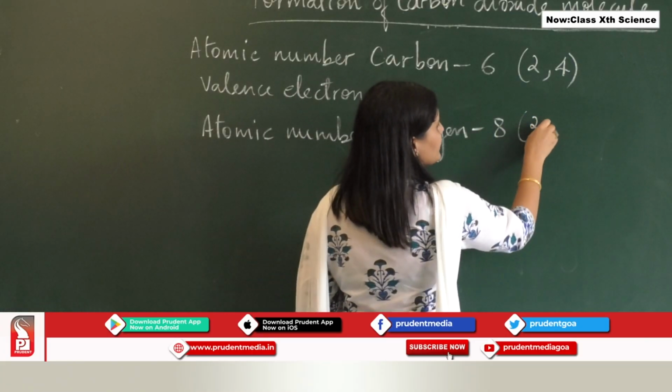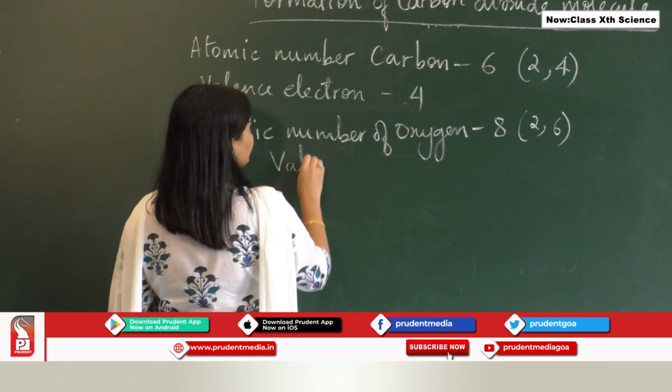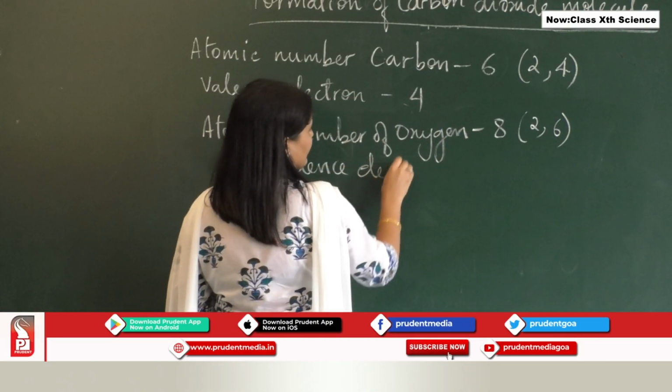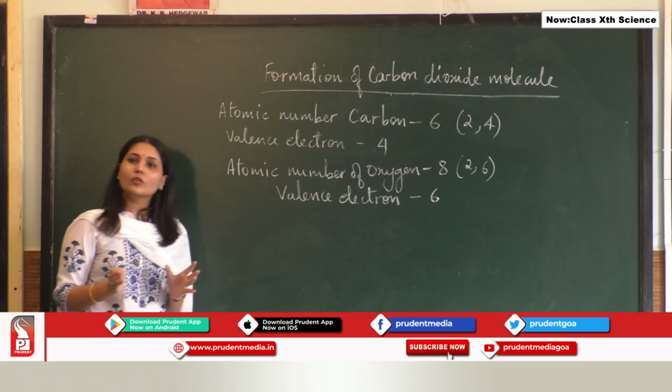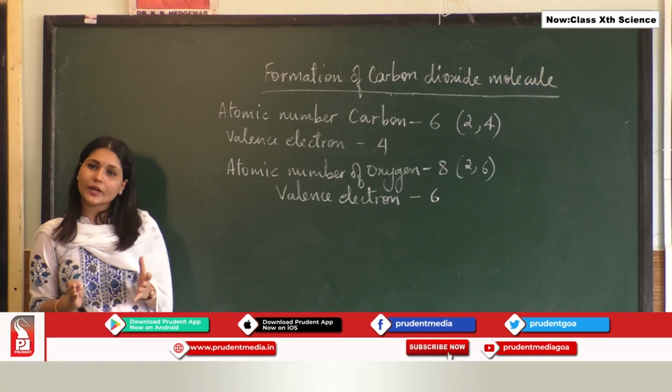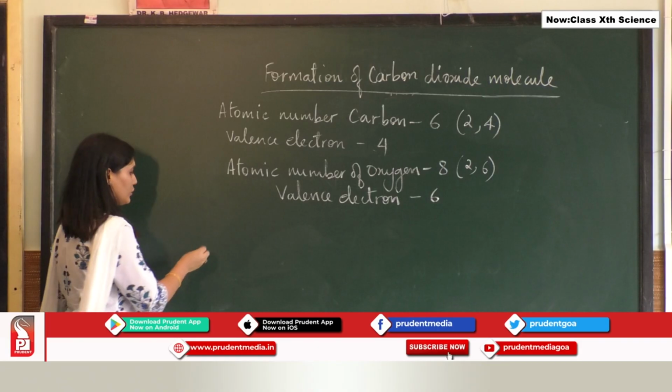The electron distribution will be 2, 6. Hence, the number of valence electrons is 6. Now, let us see how carbon and oxygen combine together.